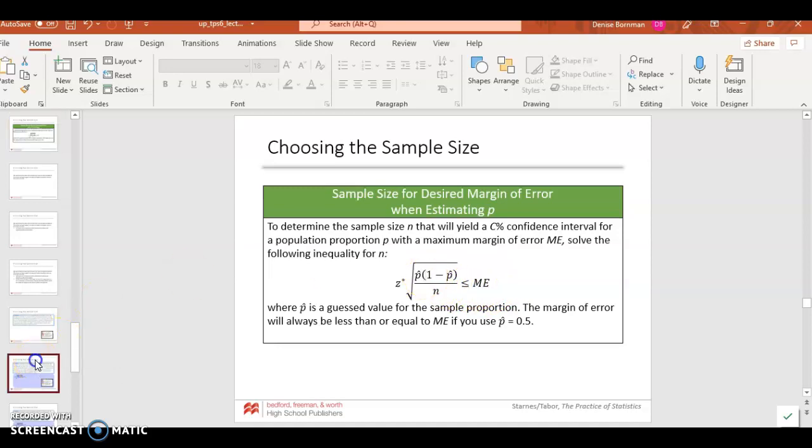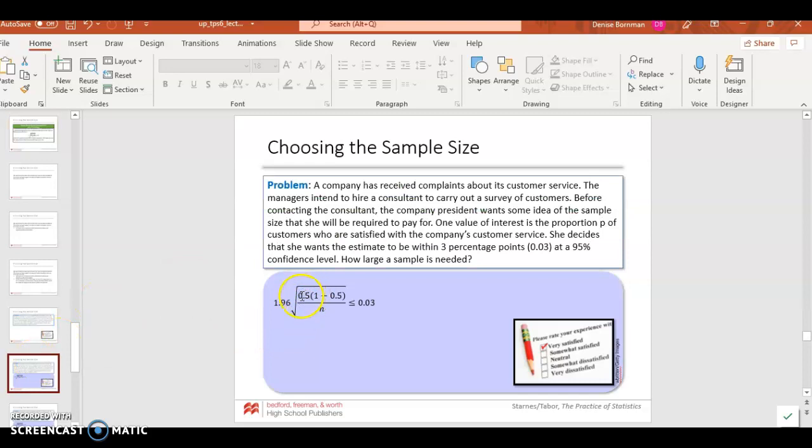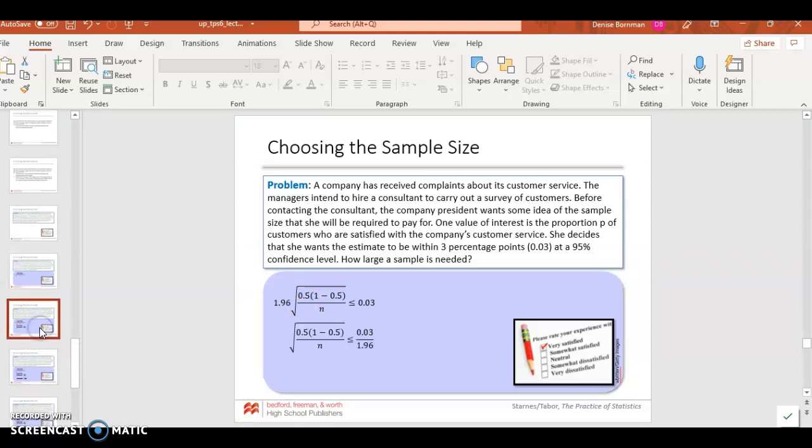They didn't tell us p hat. So for p hat, if they don't tell you a p hat, we use 0.5 as a guess. And algebraically, if you solve this, this will kind of take you through the steps here. You start out, you divide both sides by 1.96. And then to cancel the square root, you square both sides.